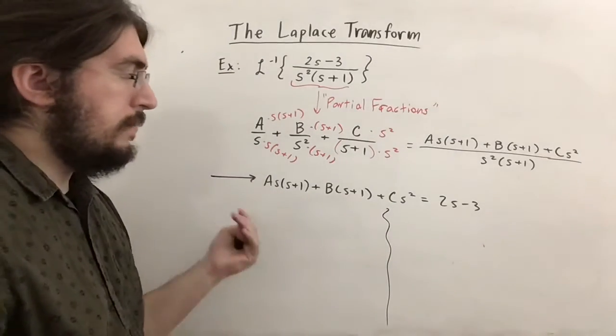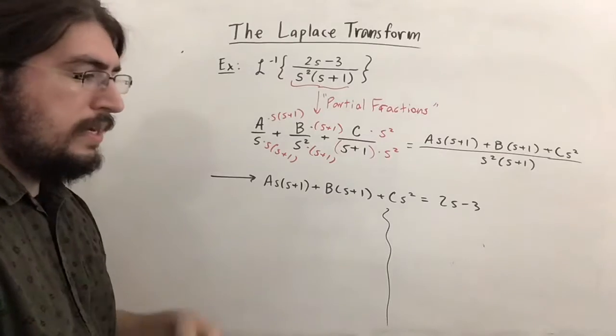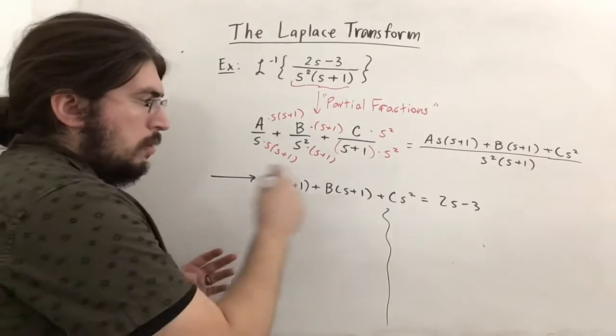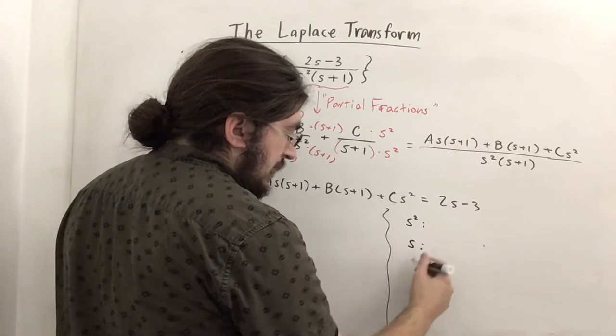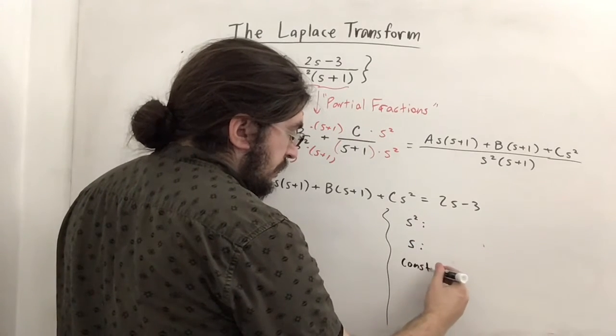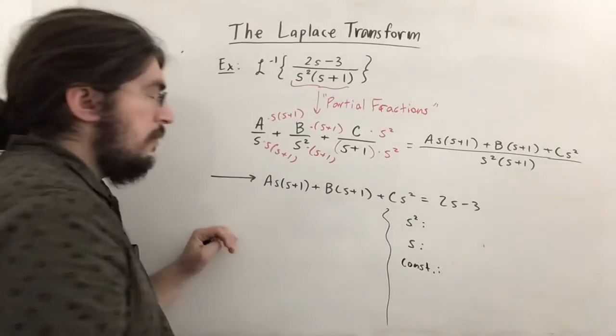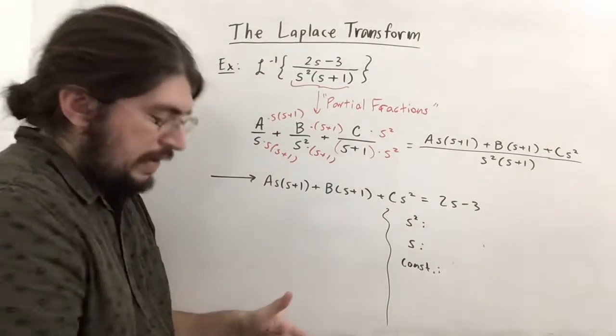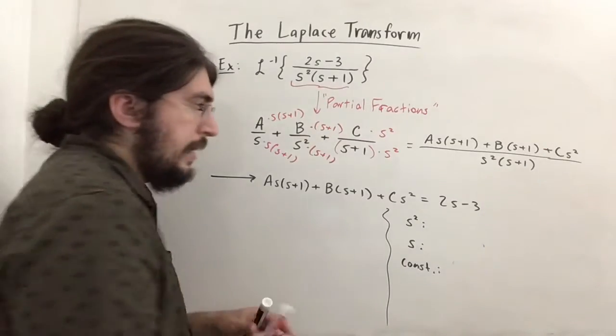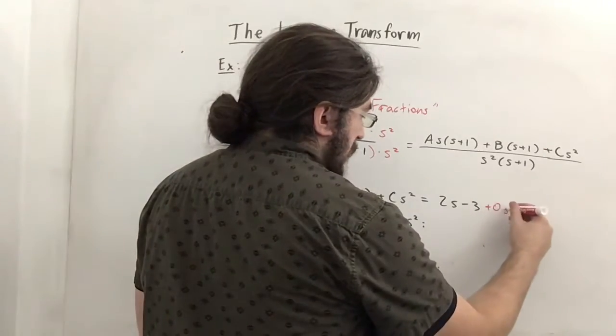So for the equating coefficients method, you get a system of equations. You would look for the coefficient of s squared, the coefficient of s, and the constant coefficient. Now, for the coefficient of s squared, here it's 0, because there's no s squared. In fact, if you wanted to, you can add that in, plus 0 times s squared.